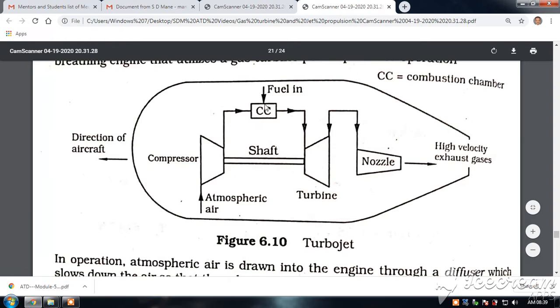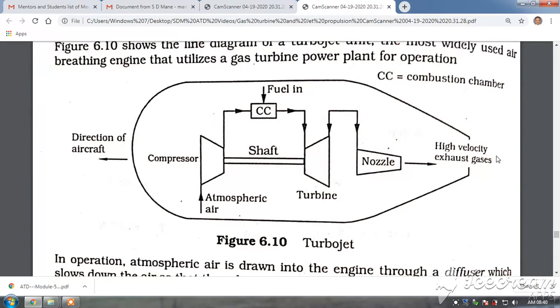In the combustion chamber fuel is injected, so there is ignition and the air and fuel burn, and then the burnt gases are passed through a turbine. You can see the volume is increasing, the gas expands in the turbine, and the exhaust of the turbine is sent to the nozzle and thrown out to the atmosphere as high velocity exhaust gases.